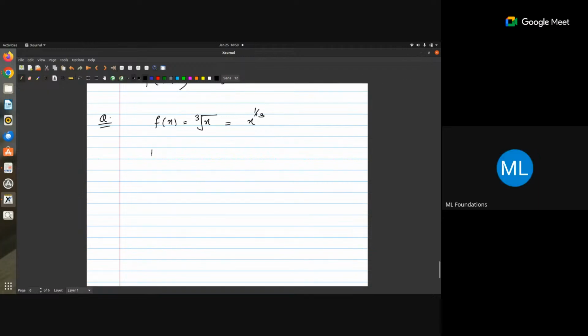Okay, and we have to find out the linear approximation or linearization. Both are the same terms. Approximation at x equals 8. So basically, I want to find f of x plus h is nearly equal to f of x plus h into f dash of x. What is f dash of x?